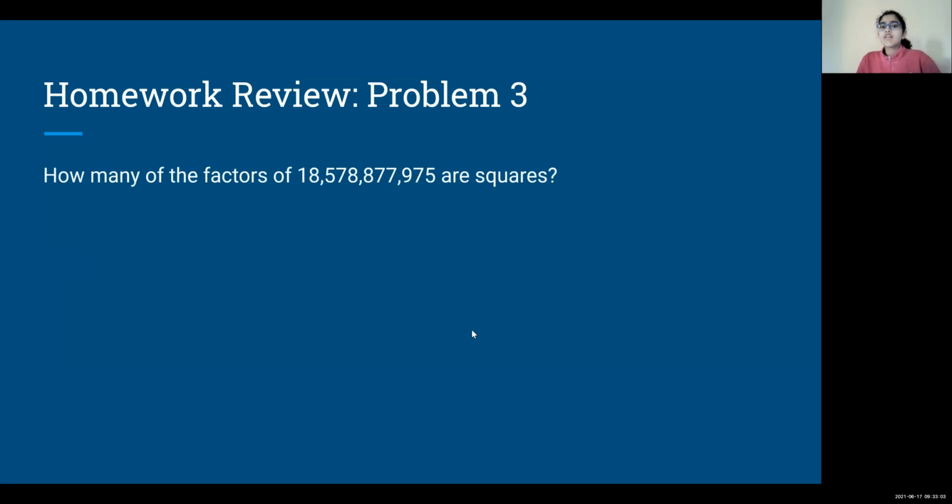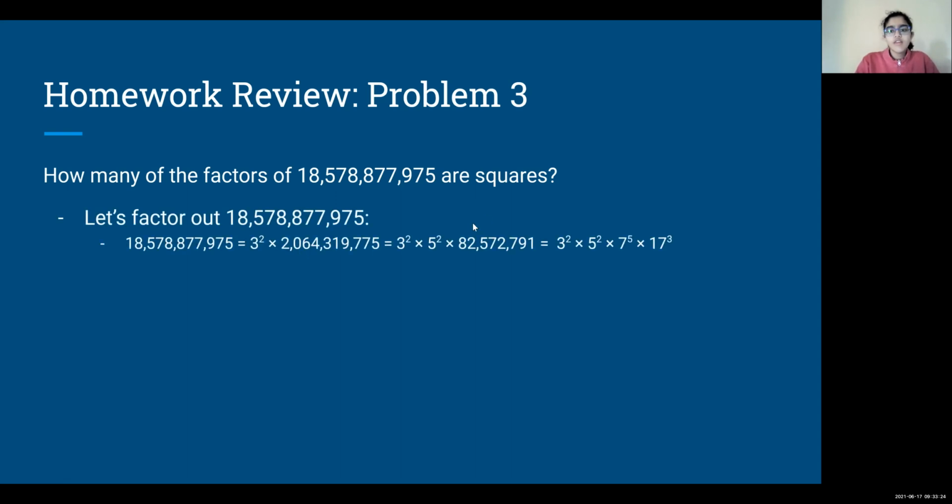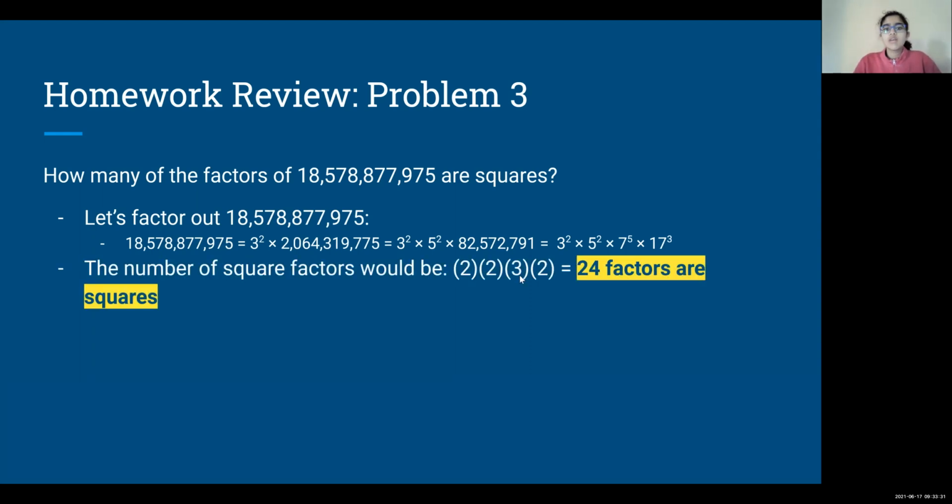Problem 3. How many of the factors of 578,877,975 are squares? So in the chat, again, please type your answers. Okay, so first we need to factor out the number, right? So we get the prime factorization, and then we see that the number of square factors would be how many 2's fit into each of the exponents.